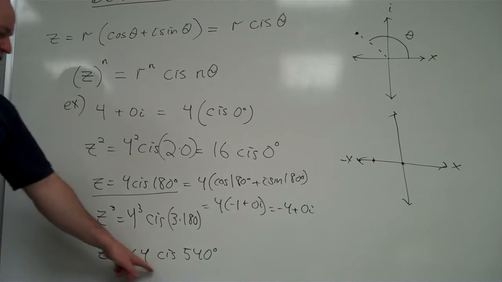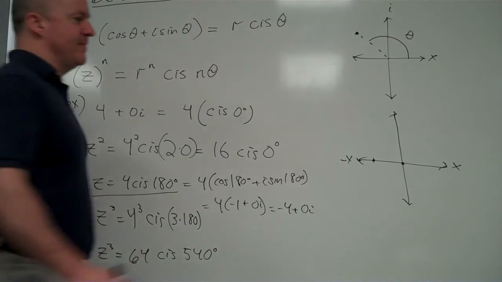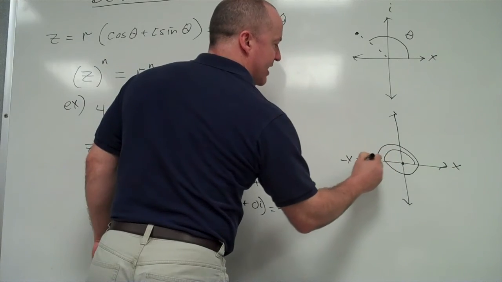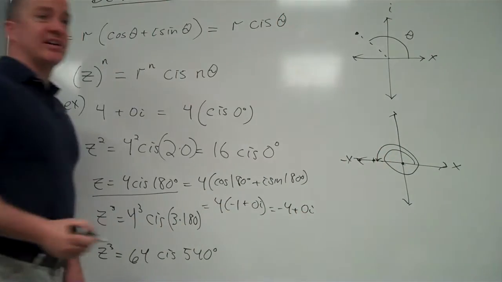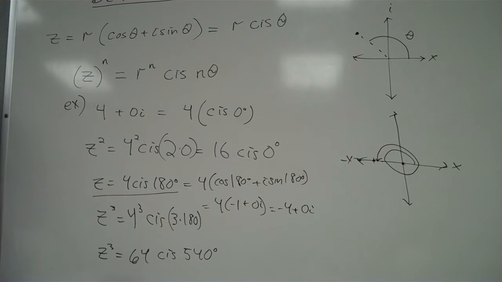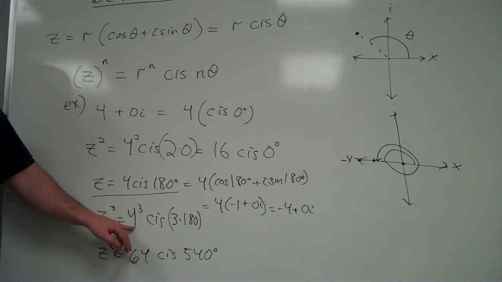But which direction is this going? 540 goes 180, 360, 540. That is out here in the negative direction. This is the same thing as negative 64 as a real number, 64 plus 0i.